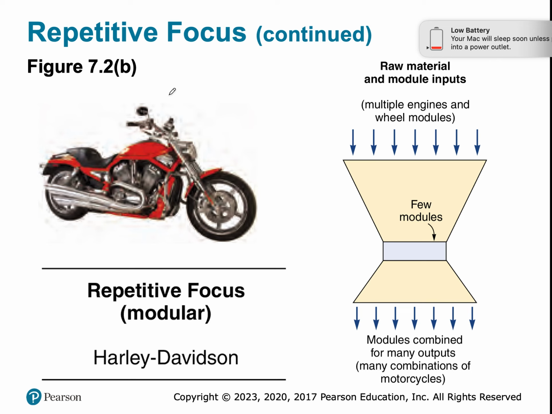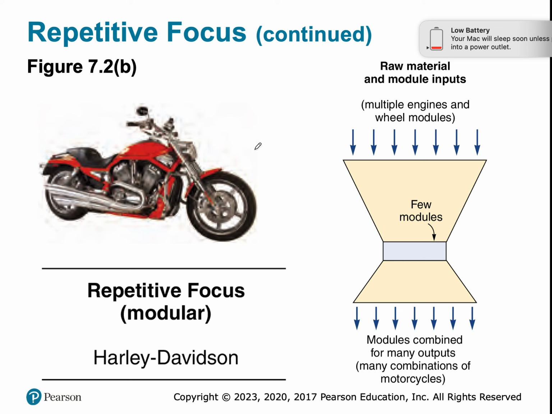Now let's quickly go on, still on the diagram example, in the manufacturing of a motorcycle. In the manufacturing of a motorcycle, we have so many inputs, multiple engine and wheel models have been plugged in, and few models will be out. At the end of the day, we have modules combined working together for a better output. You can see the outputs. Many modules are combined from the input to give a modular shape.